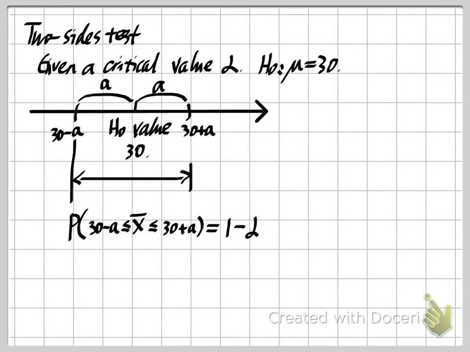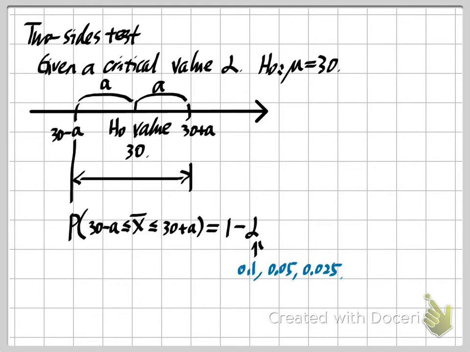Now when we are given the value of alpha, generally this is some small value. Sometimes we choose 0.1, sometimes even smaller, 0.05 or even 0.025, some small number.